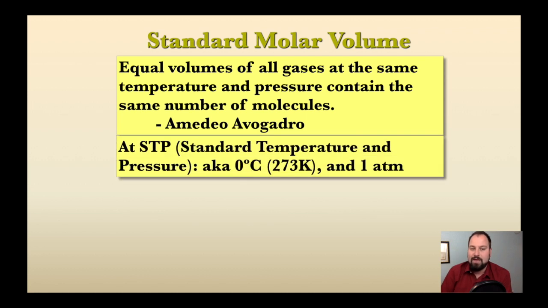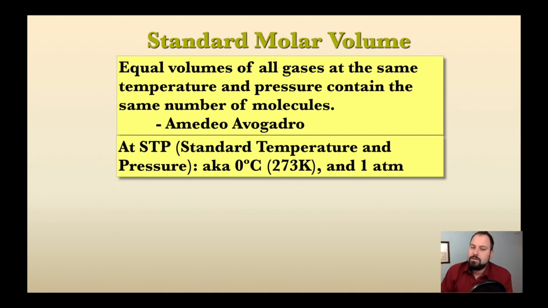Well, you have something called STP, standard temperature and pressure. At STP, that is 0 degrees Celsius, being 273 Kelvin, and 1 atmosphere. So that's basically kind of cold, plus atmospheric pressure, like what you're at now at sea level.